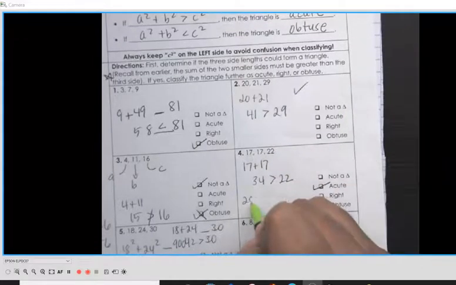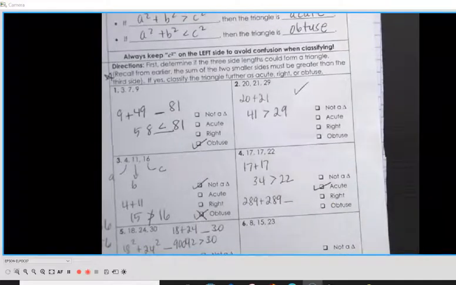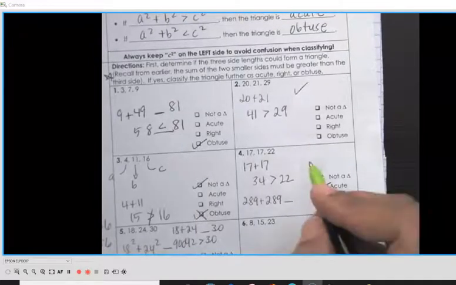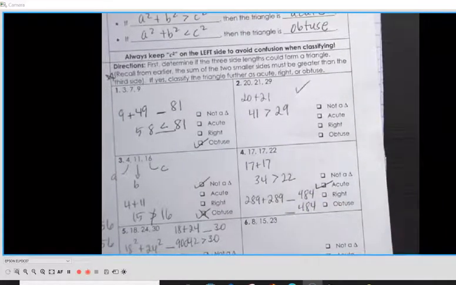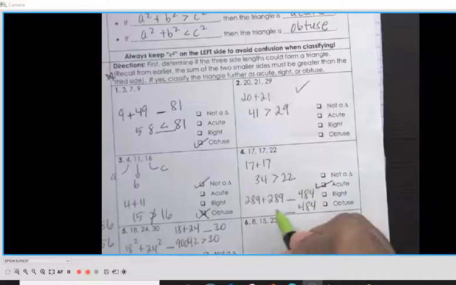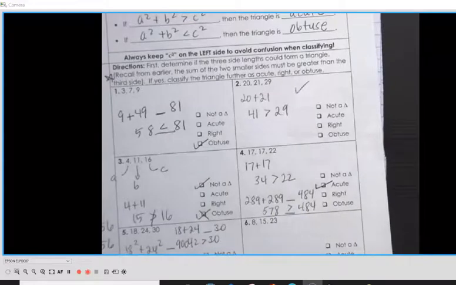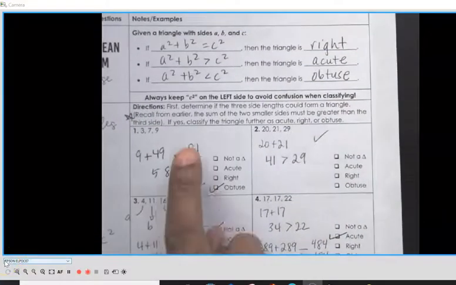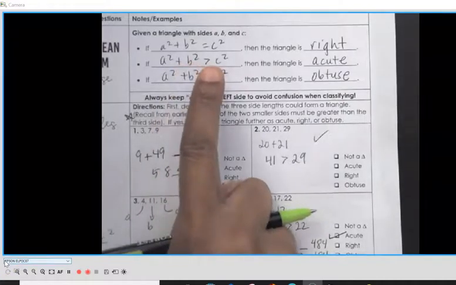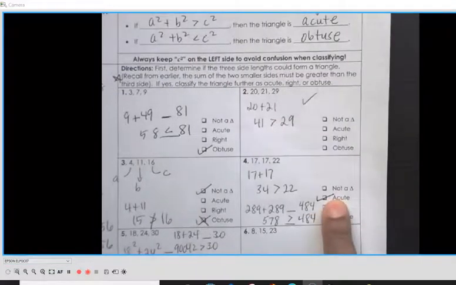So I do 289 plus 289, and I'm also going to do 22 squared, which is 484. 289 plus 289 is 578, which clearly is greater than 484. If the sum of your a squared and b squared is larger than this side squared, it's acute. So number 4, like we said, is acute.